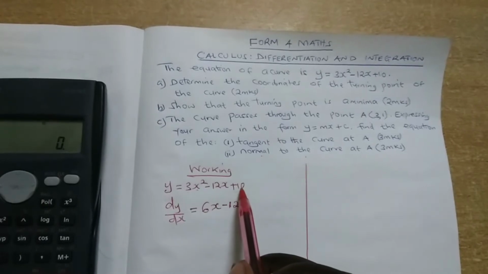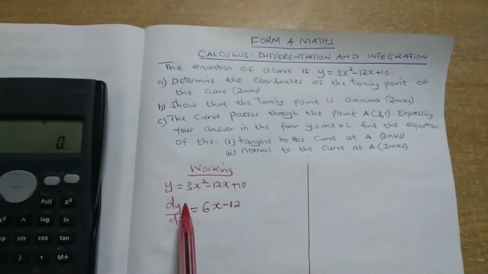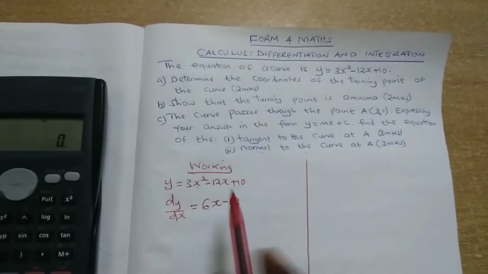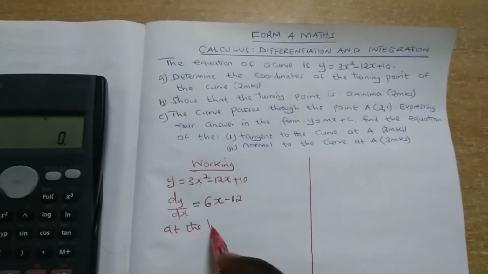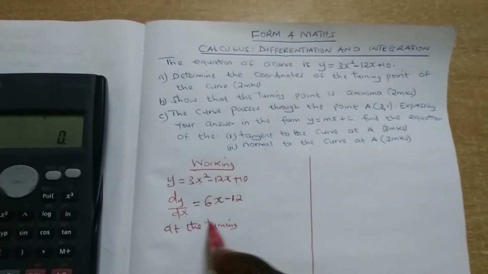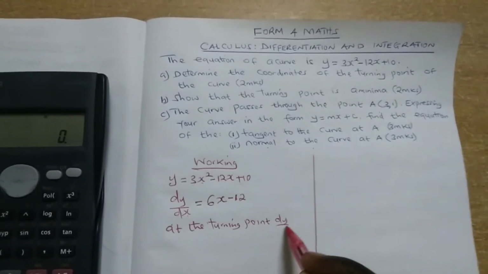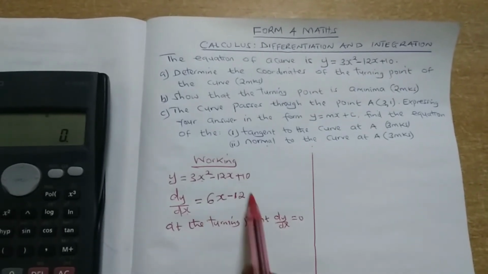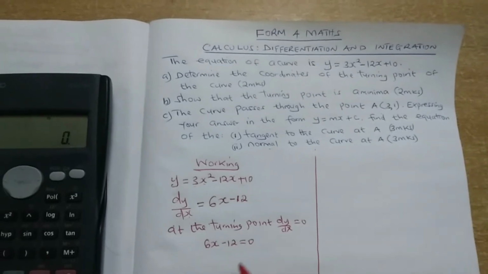We don't differentiate the constant that does not have x here because we are differentiating y with respect to x. We know that at the turning point, dy over dx will always be equal to 0. So you take the gradient function, which is 6x minus 12, and equate it to 0.